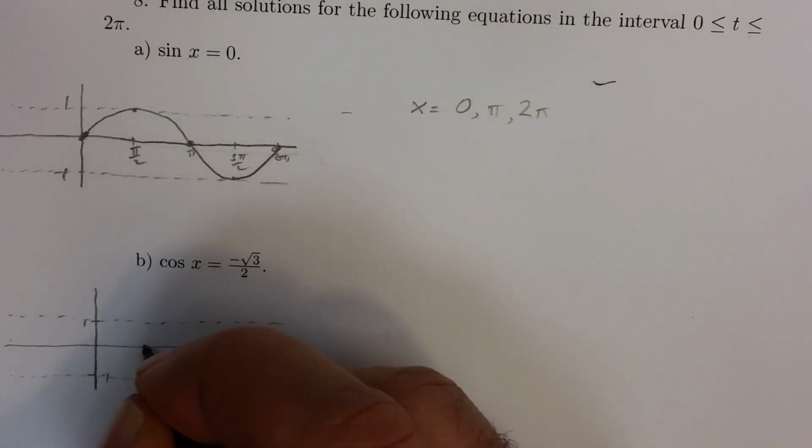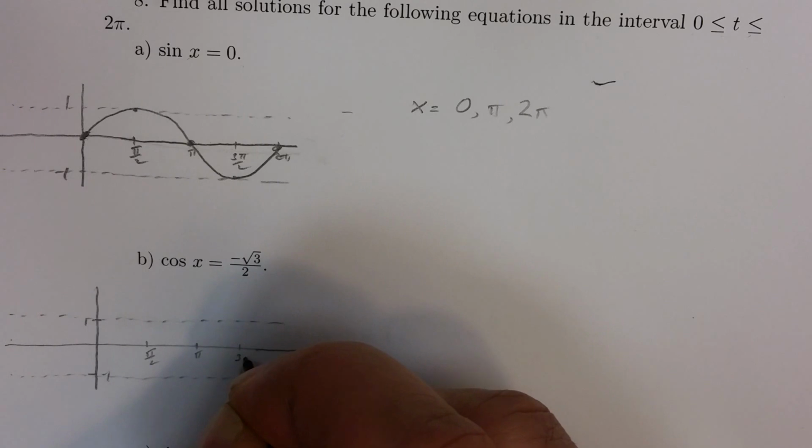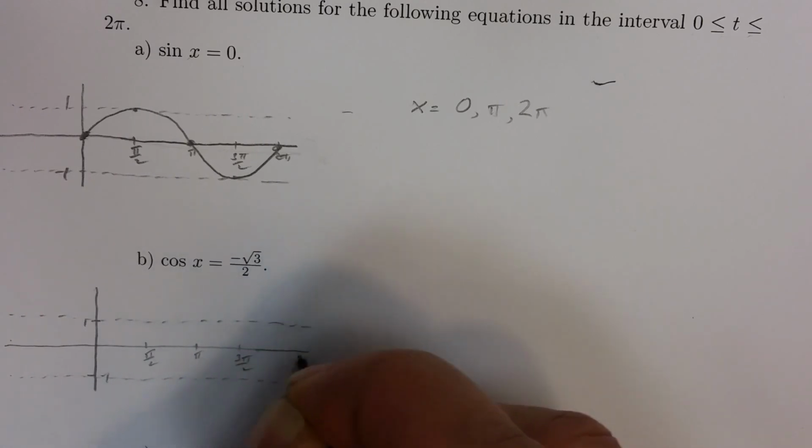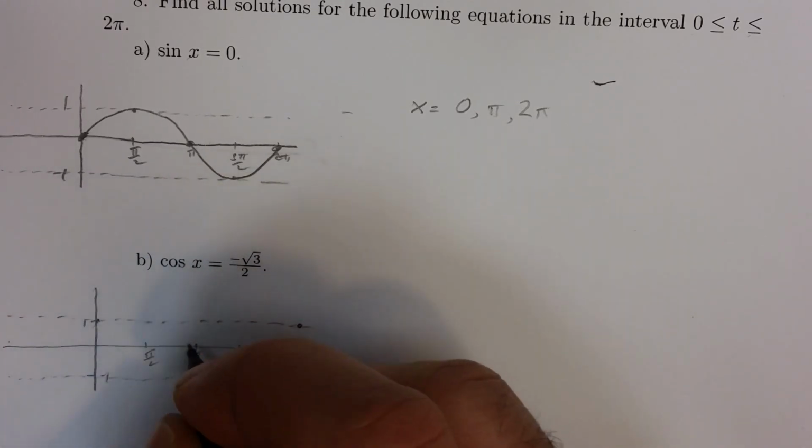So the cosine curve starts at the top, and ends at the top there.